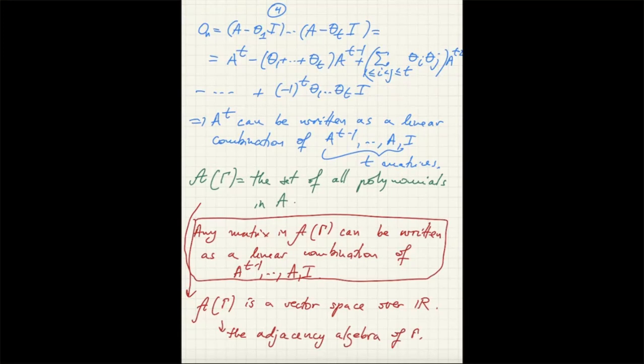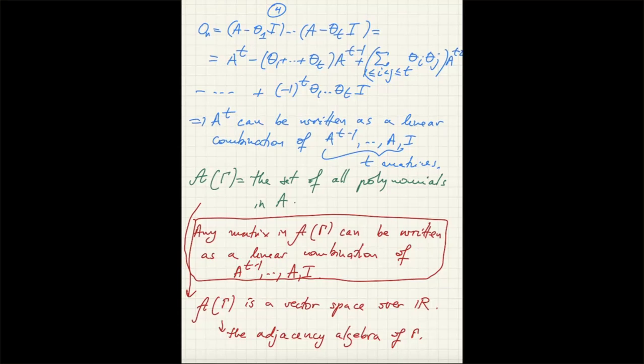Okay. So it's a vector space, and the observation at the bottom of the page, that any matrix can be written as a linear combination of these T matrices, tells us that it's finite dimensional. Its dimension is at most T, and actually the fact that the minimal polynomial of the matrix A is the one that we listed on the previous page shows that this is a basis.